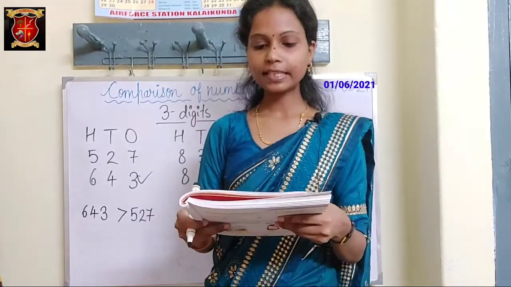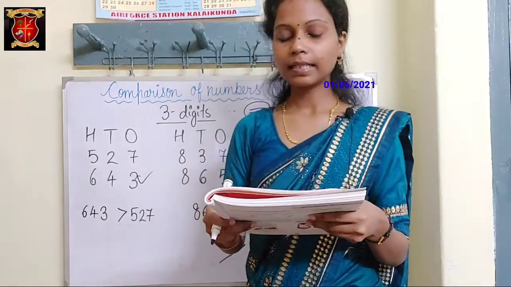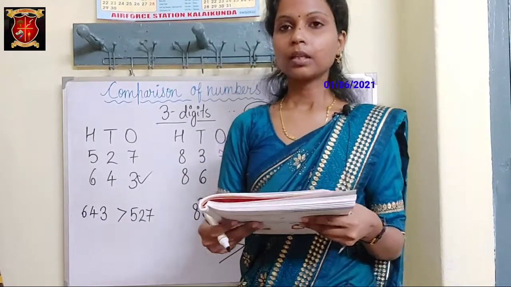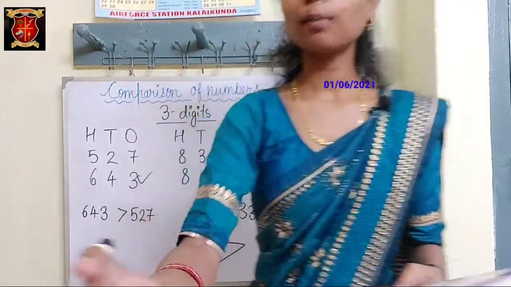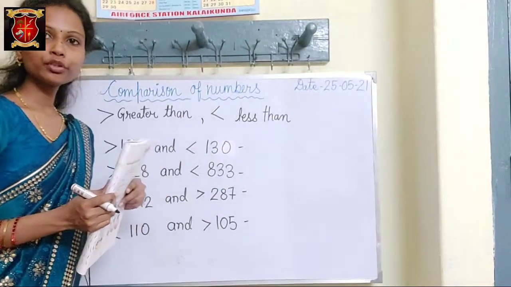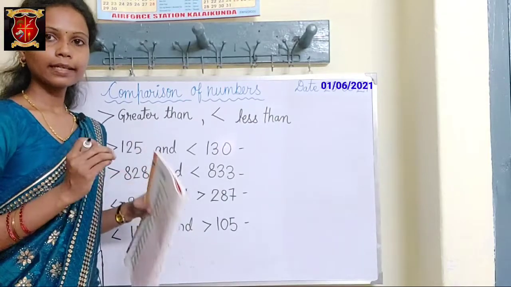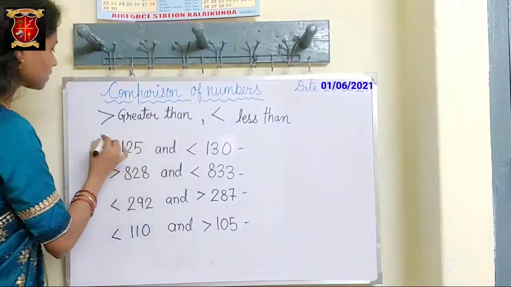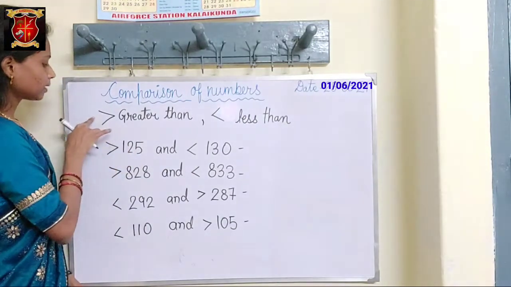Now moving on to page number 44. The challenge is given. Let's read what the challenge is. Write the numbers that are. See in your book. Okay, so I have told you about the sign. Let's see again. This sign is the greater than sign.